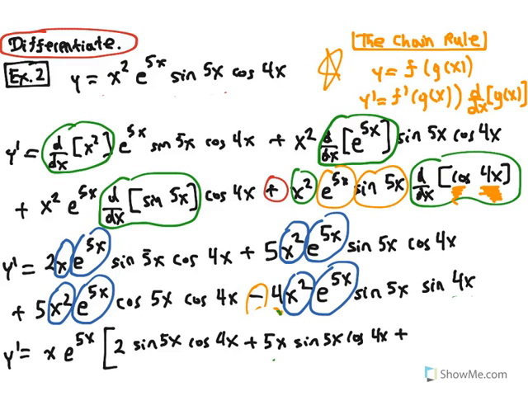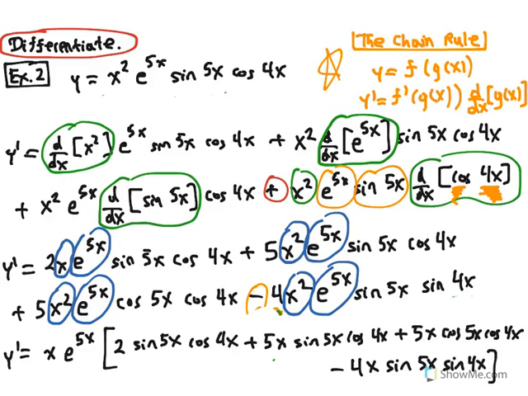From the third term, you'd be left with 5 times 1 factor of x times cosine of 5x times cosine of 4x. And from the last term, you'd be left with minus 4 times 1 factor of x times sine of 5x times sine of 4x.